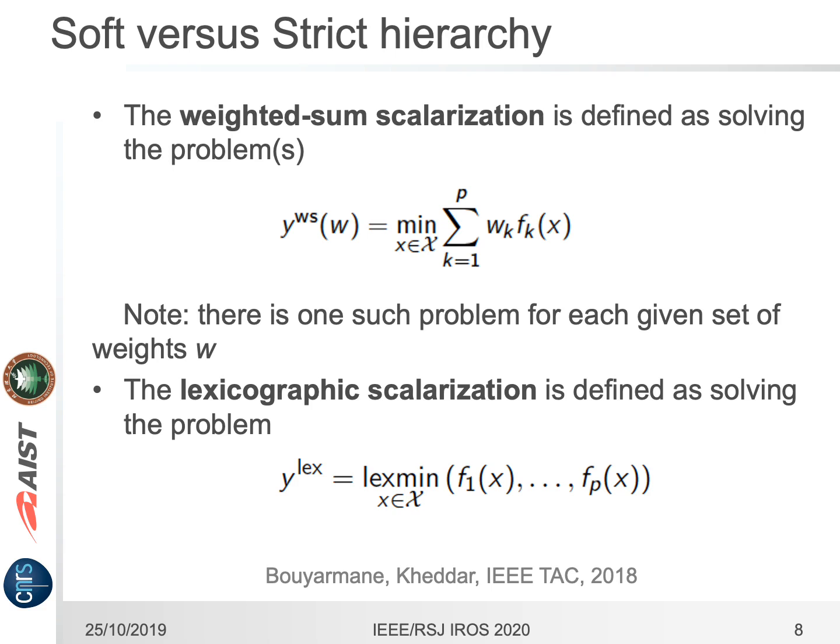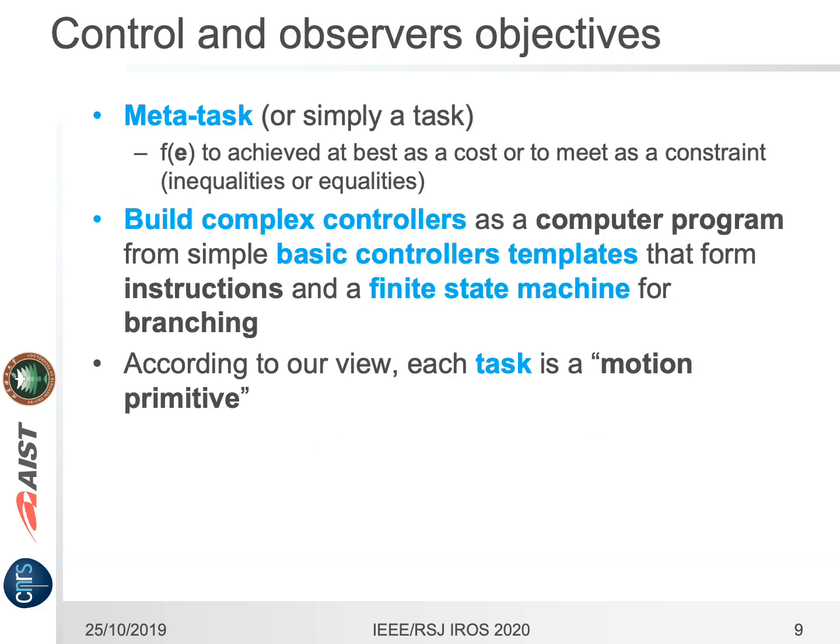In order to have further theoretical insights, please refer to our TAC paper addressing these issues. We conceive task space controllers by defining the task function f for a given sensory error e that can be a cost to achieve at best, or inequalities or equalities to meet strictly.